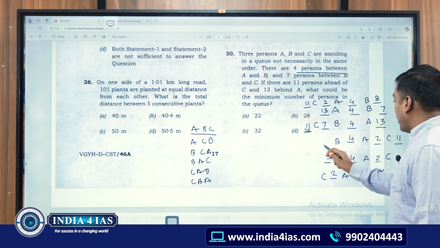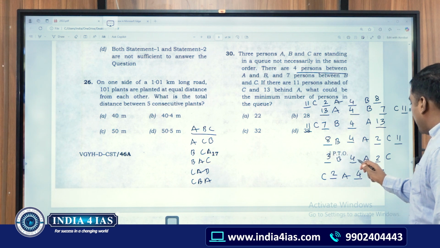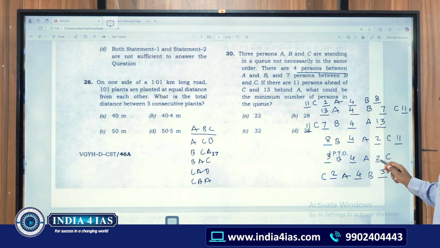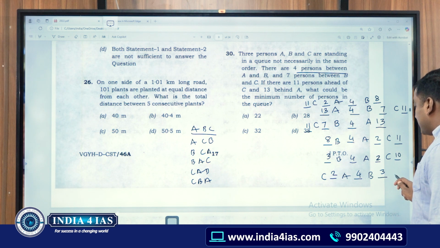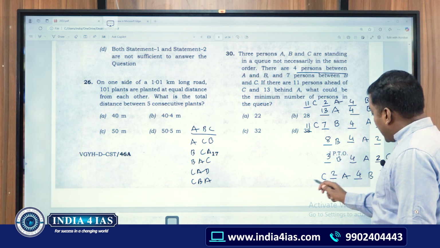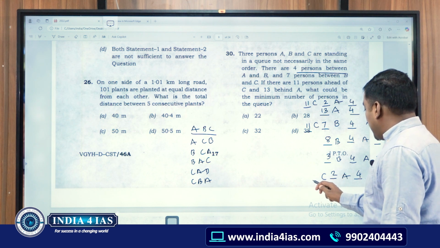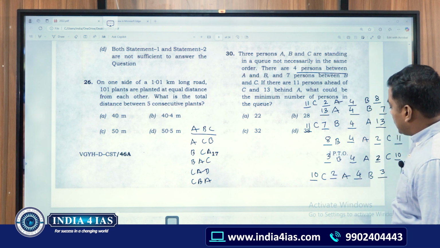So, 5 persons, another 8 persons here. Here behind A, C and 2. So, 3 persons. So, 13 persons means another 10 persons. In this case, in front of C, these many people are there. At the back of A, again 10 persons are there. So, this is what we get.